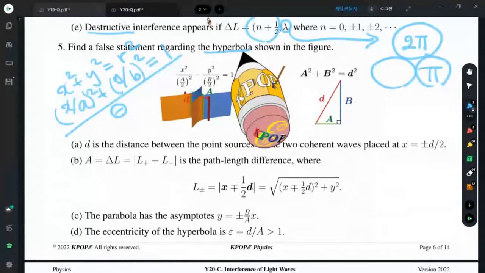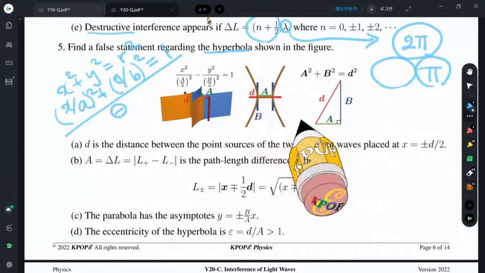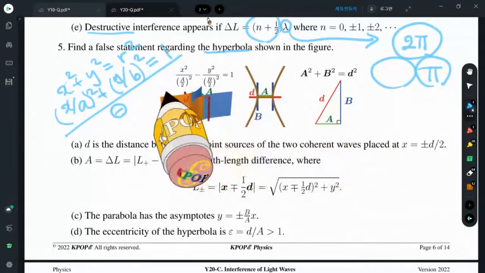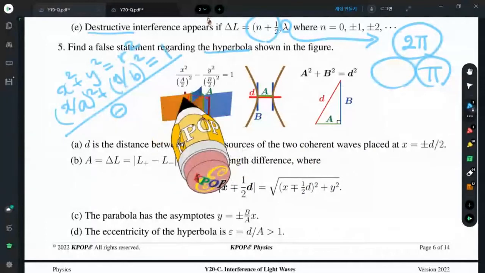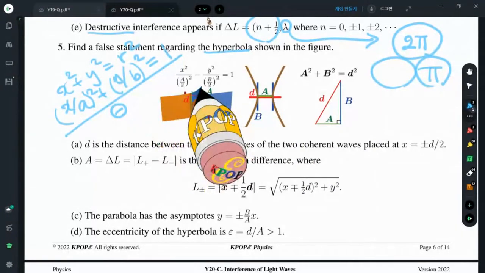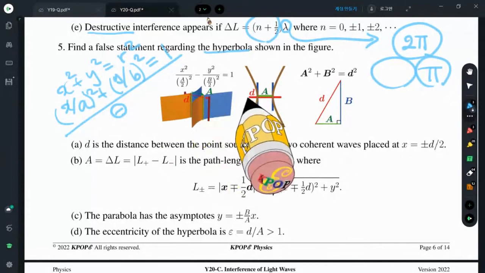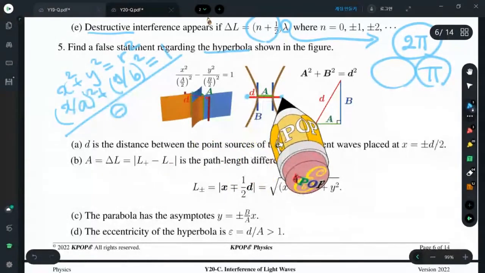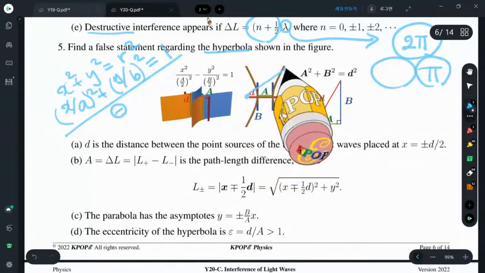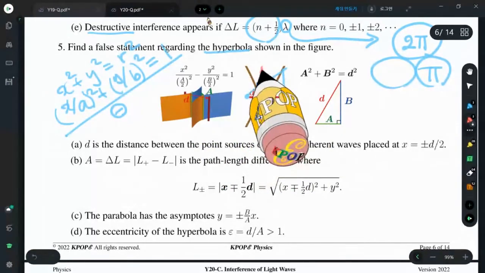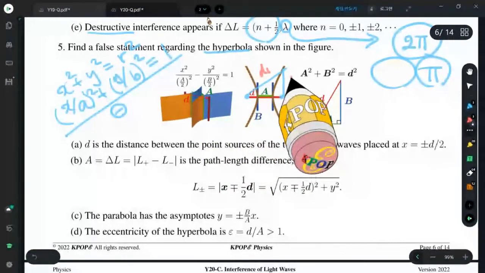The equation of a hyperbola has a geometric meaning that the trajectory of this curve represents the points where we have distance 1, distance 2.